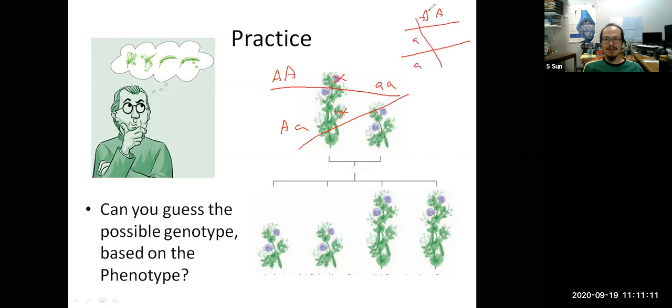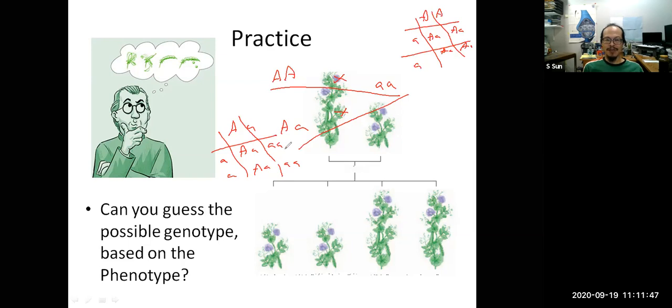And the result is A. Do we have any recessive offspring? No, so this is not the case. Then how about this one? This one, try Aa. So it's going to be Aa.